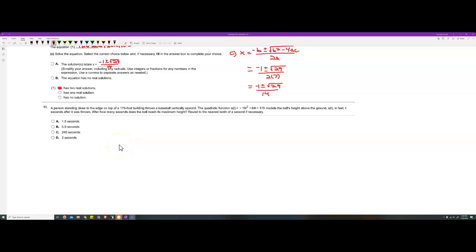All right, a person standing close to the edge on top of a 176-foot building throws the baseball vertically upward.